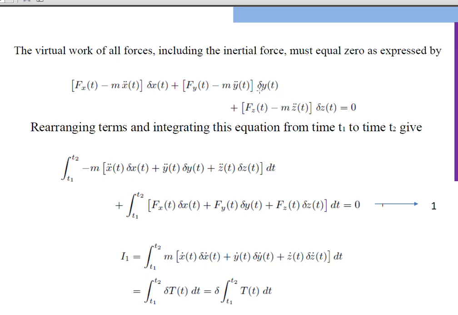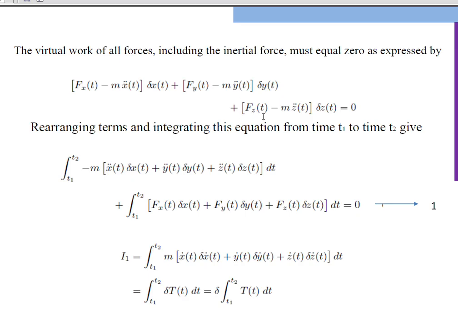Similarly, the work done in the y direction is Fy of t minus m into the acceleration of the body in the y direction. This gives the inertial force, whereas Fy of t is the external force due to the external load. The sum of these two is multiplied by the virtual displacement in the y direction.